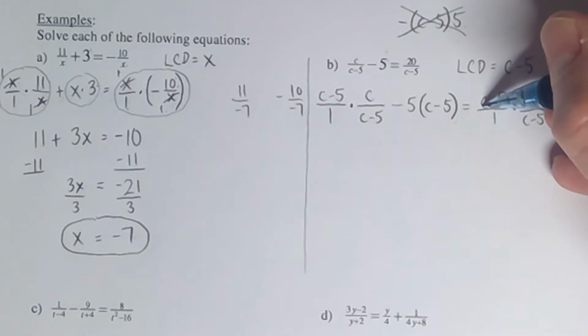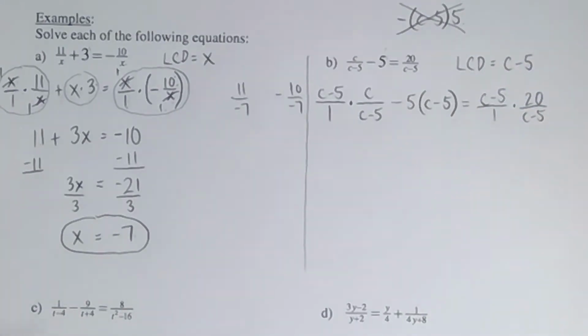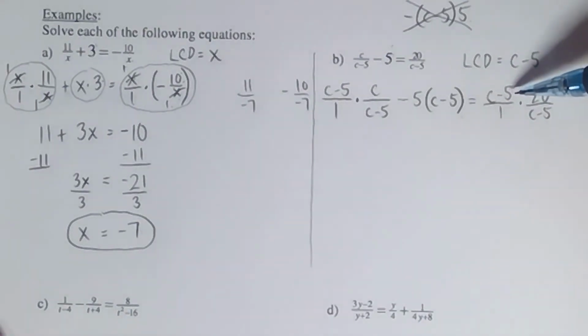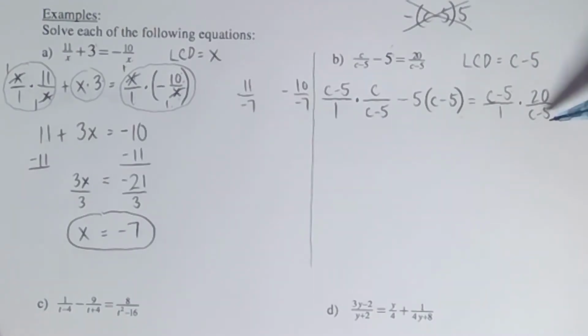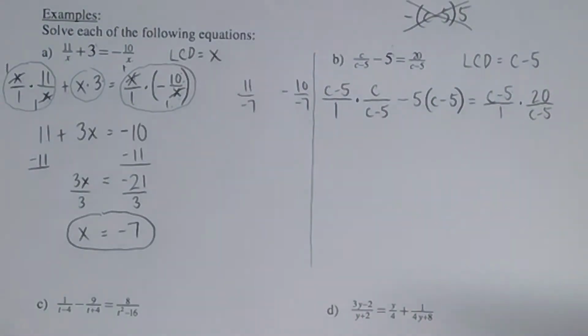Partly the reason why, just to let you know, is because when you put the LCD in the fraction here, it's already implied by looking at it that the entire c minus 5 is being multiplied by the fraction. You're supposed to multiply the entire numerator and the entire denominator by the other fraction here. Numerator times numerator, denominator times denominator. At least that's what you normally would do.